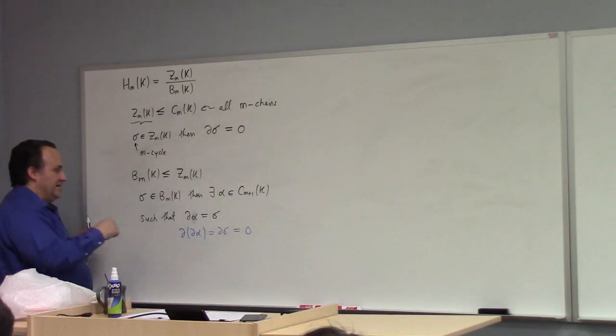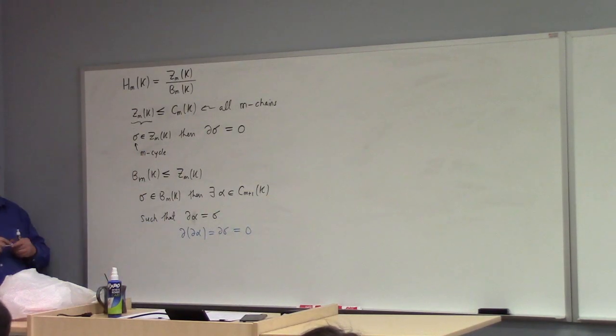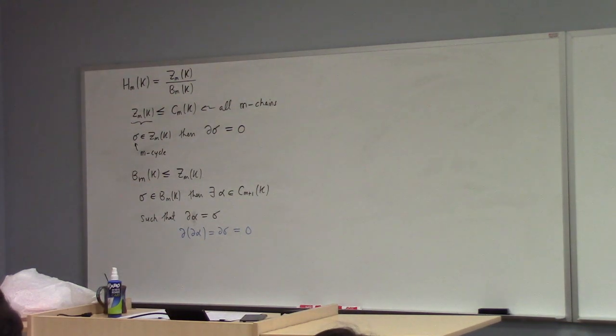That's almost the proof that the boundaries are a subspace of the cycles, because every boundary is necessarily a cycle, because the boundary operator squared is 0, all right?